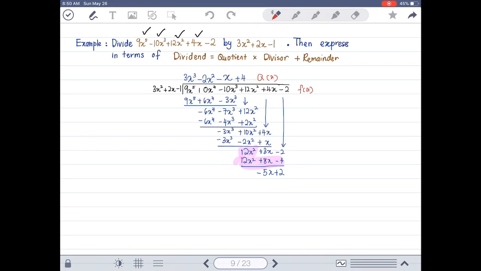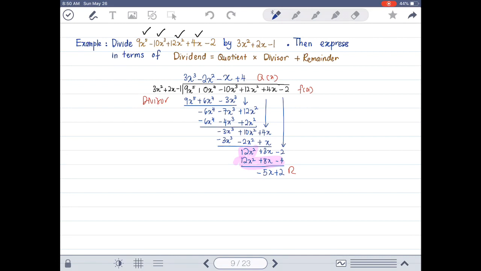Our divisor, in this case it's not x minus a, it's a more complex one than that, but we know that this is our divisor, and our remainder r is just negative 5x plus 2. So we just express in terms of what the question wants.